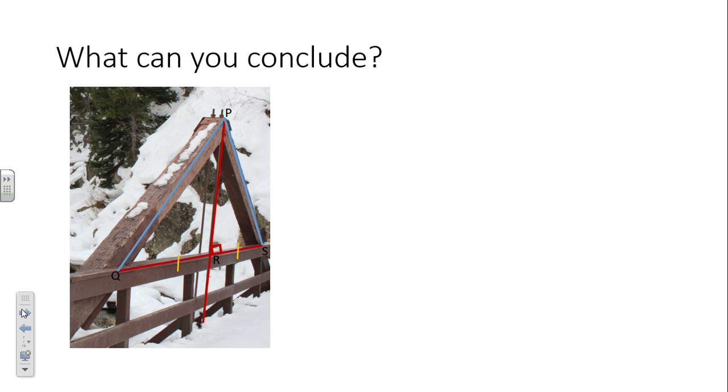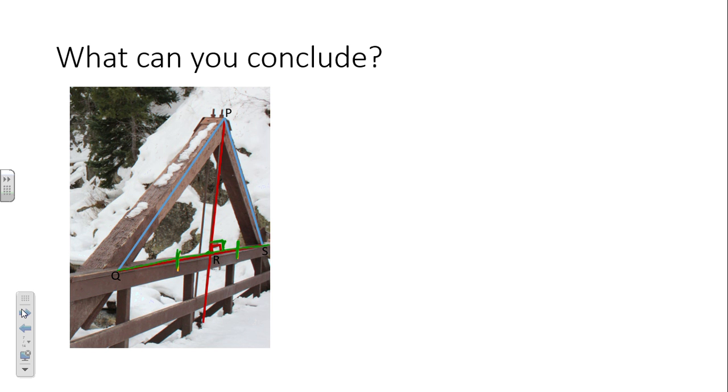It's a little hard to see from the drawing, I didn't have very good choices here. But we see that we have a segment QR that's marked congruent to a segment RS, don't we? And this little support, this wire cable, was perpendicular to that span at point R.